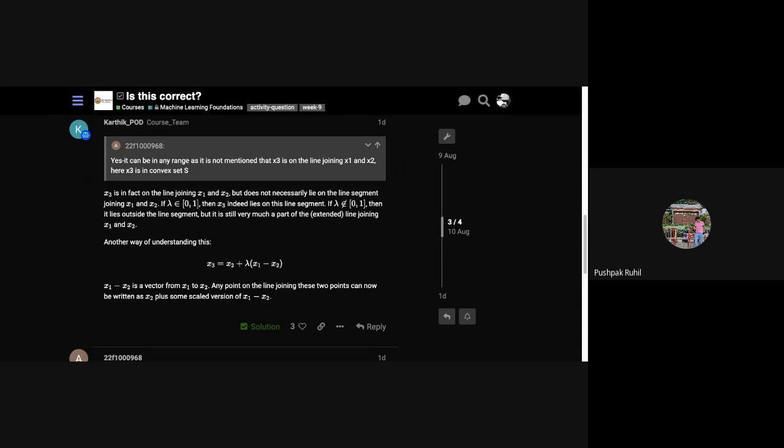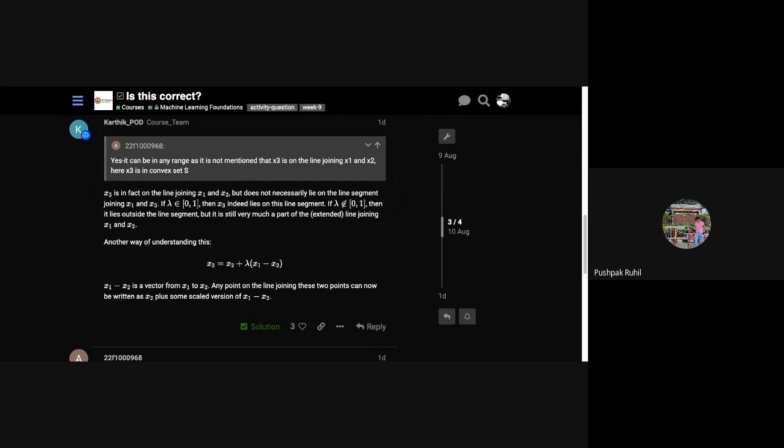No, because when we talk about a convex set, we are taking 2 points, x1 and x2, and talking about the convex combination of these 2 points, and we see if that particular point belongs to the convex set S or not. But in the case of a convex hull, what are we doing?